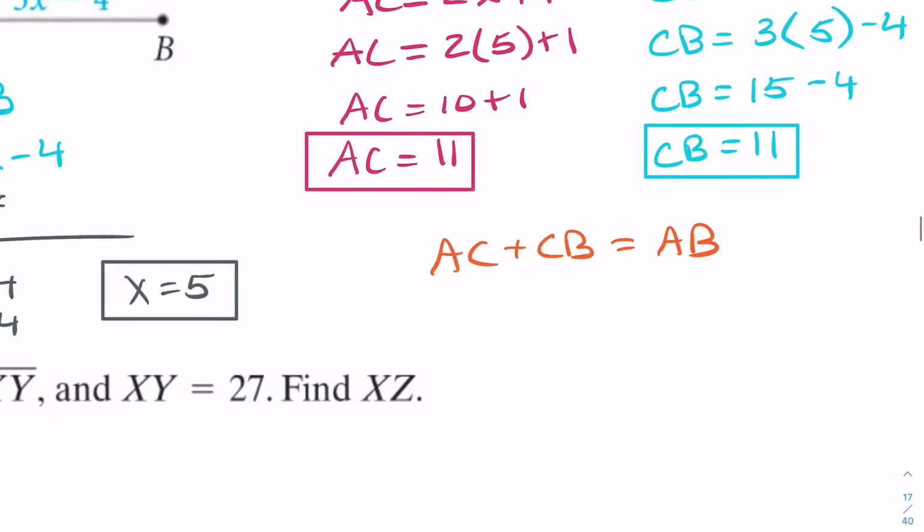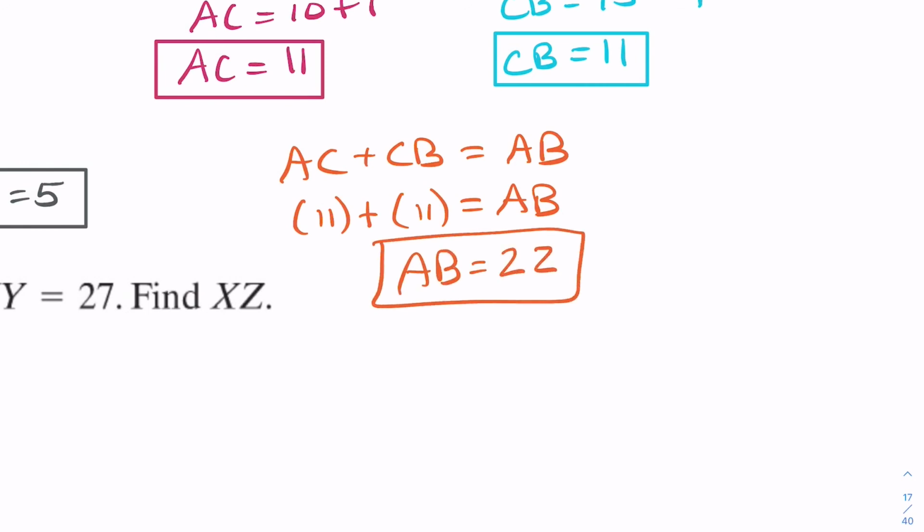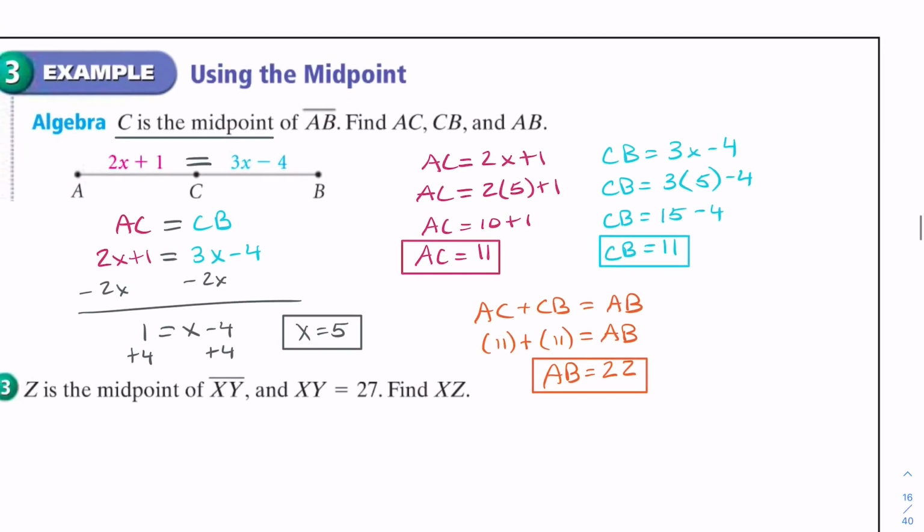And by saying that, I now am going to use substitution to solve for AB. Okay. So 11 plus 11 equals AB. So AB equals 22. And we are done. So you use the segment addition postulate and substitution to substitute in the parts that I knew.